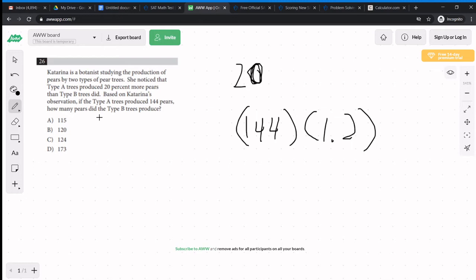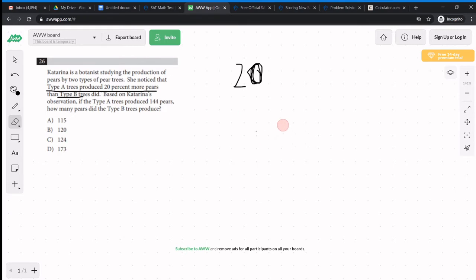So let's go back here. Oh, I'm sorry. I wrote it the wrong way. Type A trees produce 20% more than type B. I was thinking it was the other way around. So if 144 is the total amount, right? That means however many type B produce, let's just call it B for now. This is the amount that type B produce. You multiply by 1.2 to get 144.